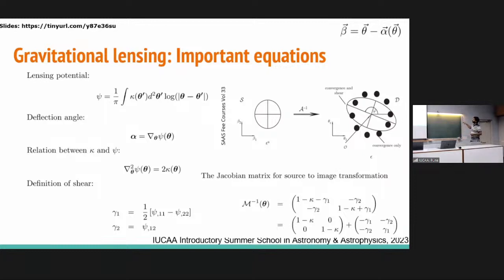So we have a convergence which just changes the size of this circle, and then if you add in the convergence and the shear, then you get something elliptical. What this angle is of the major axis with respect to, say, the x-axis, that is something that we'll get to. That angle is related to the values of this gamma. So we will look at what that is.